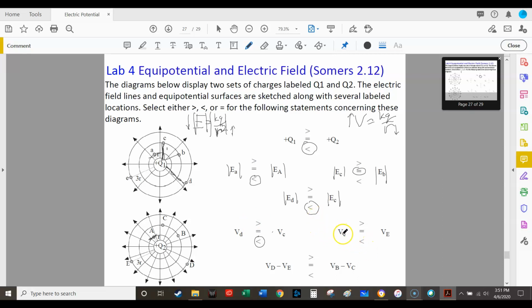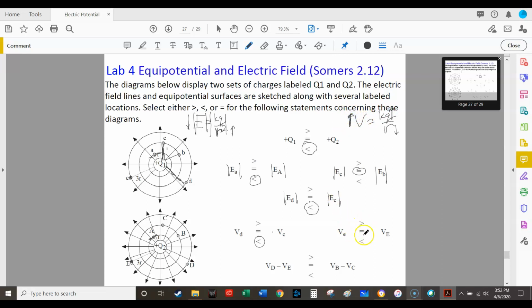Let's compare the voltage at lowercase e to the voltage at capital E. They're the same distance away, but this one has twice the Q. So if Q goes up, then voltage is going to go up.